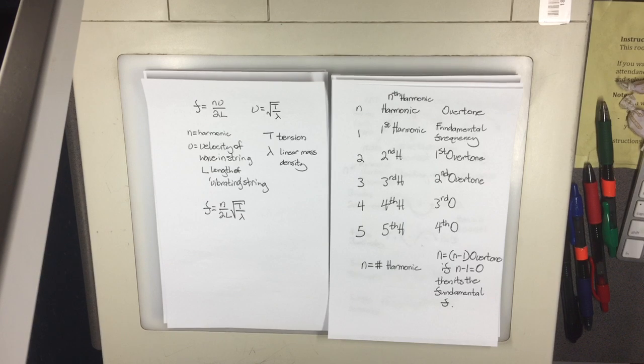Now, a couple of questions. We're all human. We've all been outside in the real world, and we've all seen a guitar. And we've all seen a piano. On a guitar, which strings have the lowest frequency?